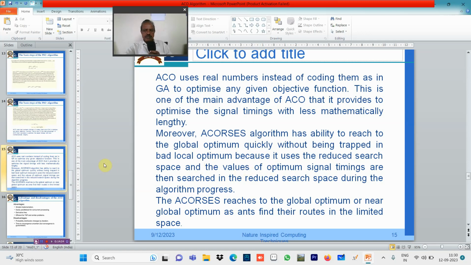You understand, because the ants try to follow the least path because of the pheromones, the smell, and the accuracy reaches the global optimum or near global optimum as ants find their routes in the limited space.